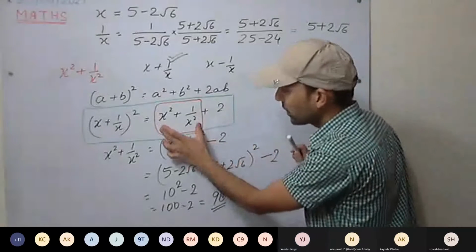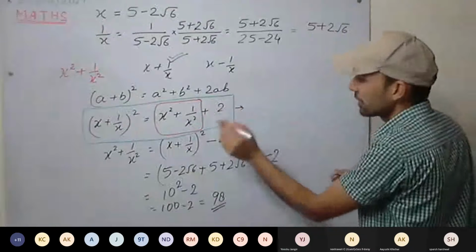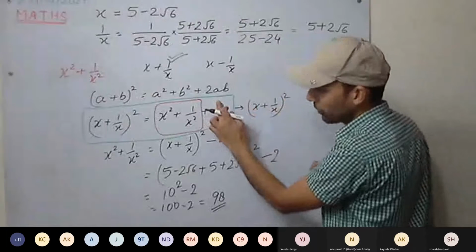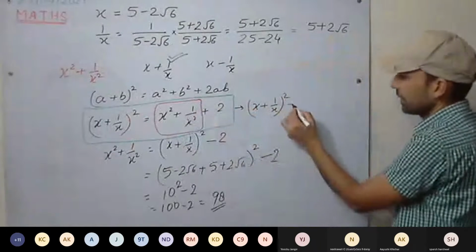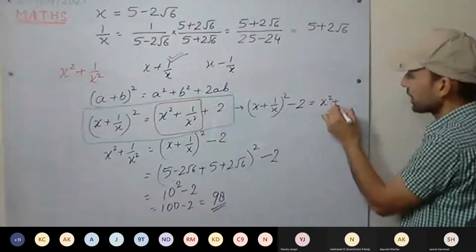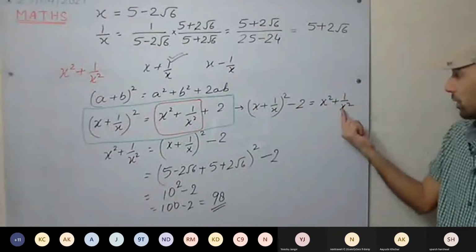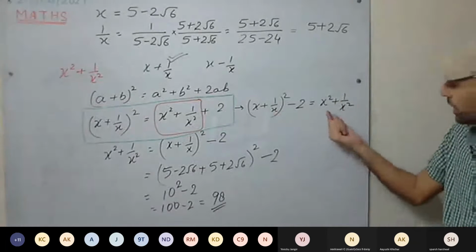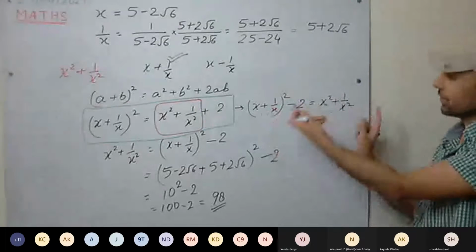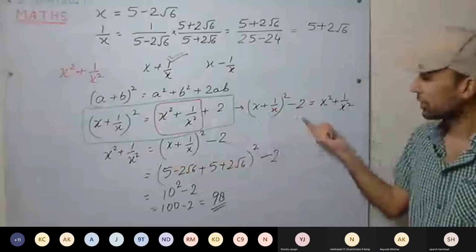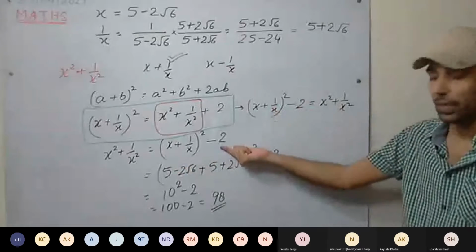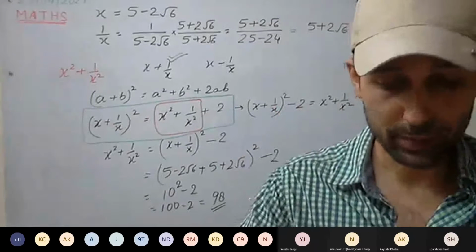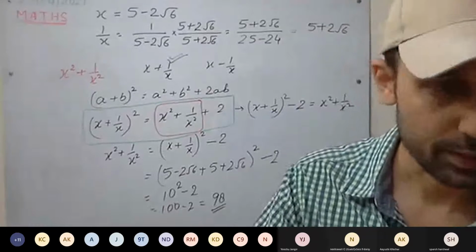We have to calculate its value, so one more step you can write. x plus 1 upon x the whole square, 2 I am taking from right hand side to left hand side, minus 2 equal to x square plus 1 upon x square. Understood this one? We have just changed the left hand side, interchanging there. So I have missed one step. In these questions, wherever you have doubt, do ask immediately, or else afterwards you will have a bigger doubt.